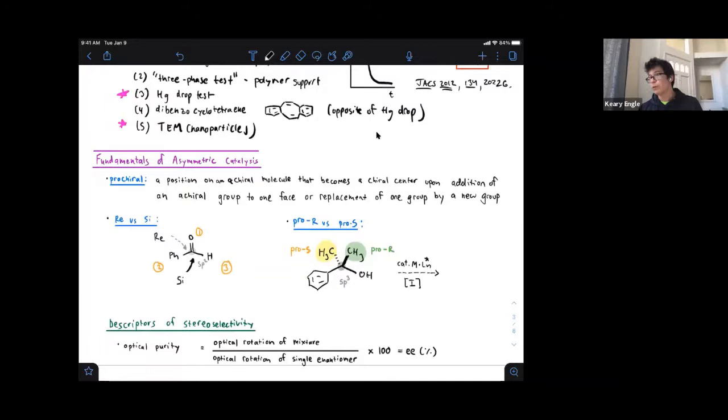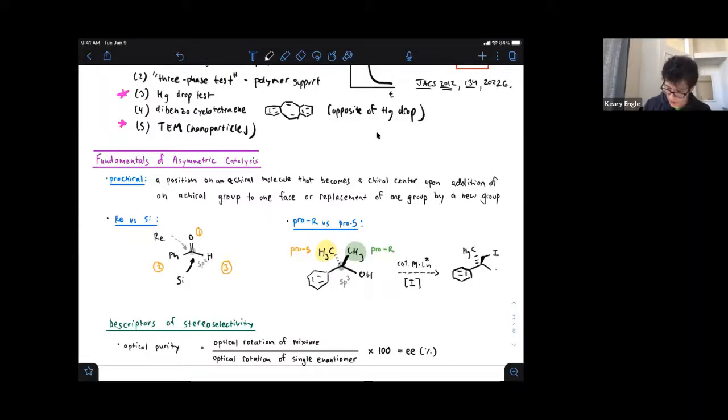And then if your prochiral molecule does not contain an sp2 center, then Re and Si don't apply. And so the terms you'd use there are pro-R and pro-S. So to illustrate that point, I used this hypothetical CH activation reaction where we'd be able to distinguish between these two prochiral methyl groups to put, for example, an iodine substituent.